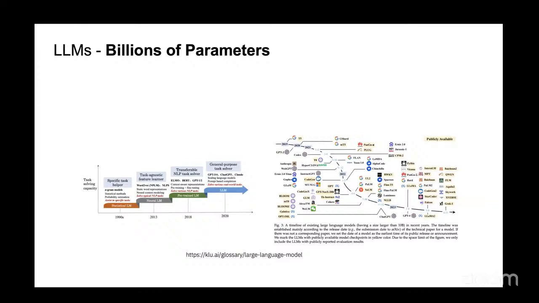Then came a generation of models where I train a model for a certain set of tasks. For instance, I could train a model to translate from a source language to a target language, but I can only do a limited set of tasks with these languages.